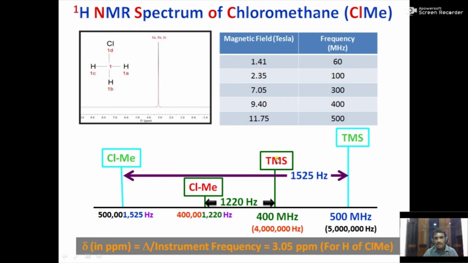But on the absolute scale, you are getting different positions. You can see that for 400 megahertz, the position of the proton signal is different, and for the 500 megahertz instrument, the position of the proton signal is different. But whenever we use the chemical shift scale, we get the same value, that is 3.05 ppm.